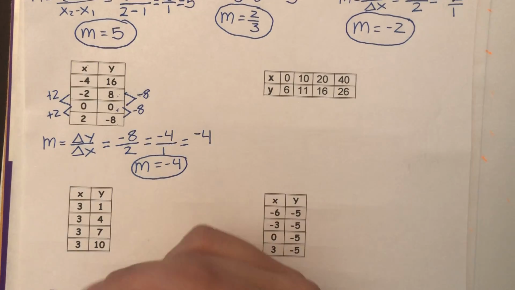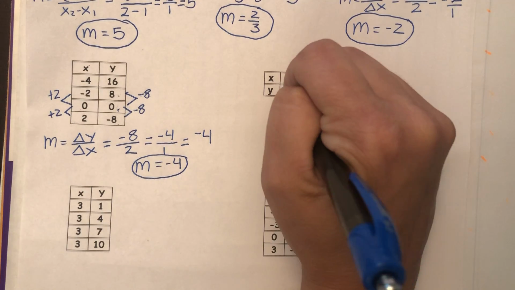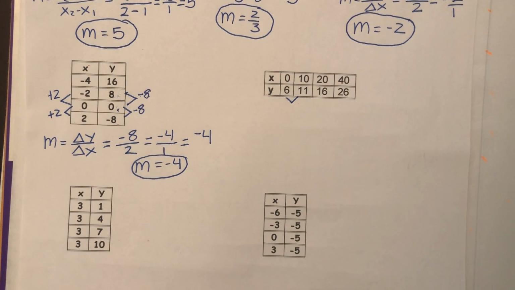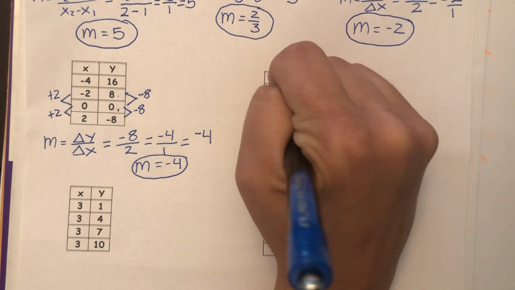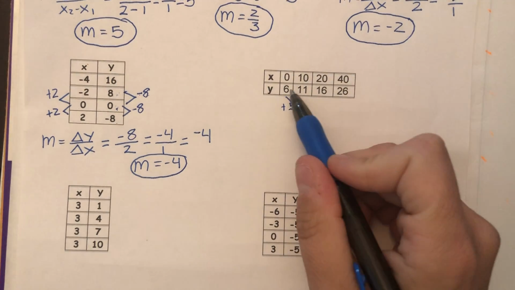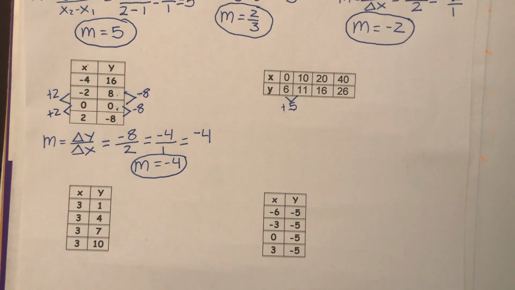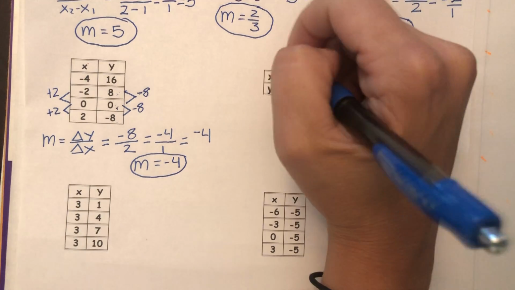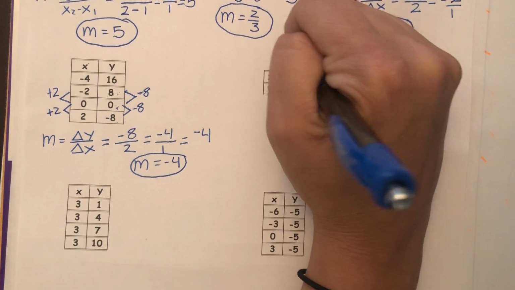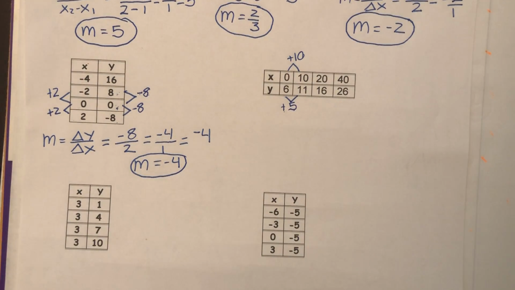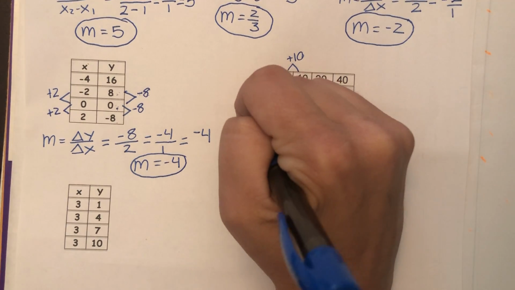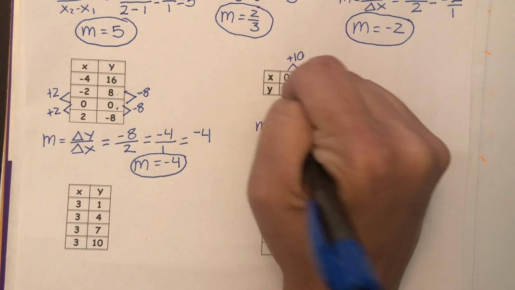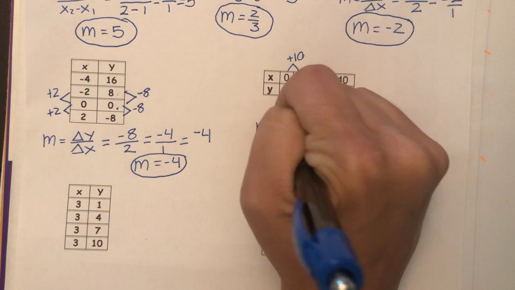I'm going to use the shortcut, find the change in my y values. From 6 to 11, the change is 5. We're adding 5. I can check that. 6 plus 5 is 11. Change in x values, we are adding 10 to that. Change in y over the change in x.